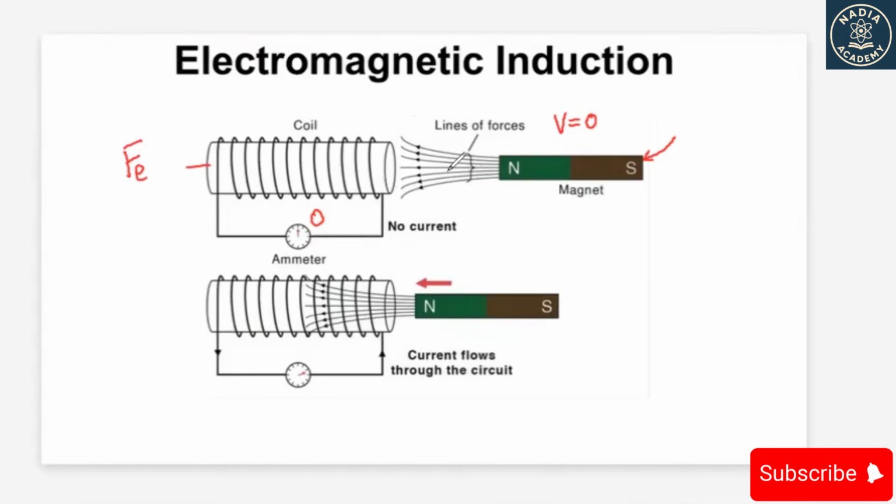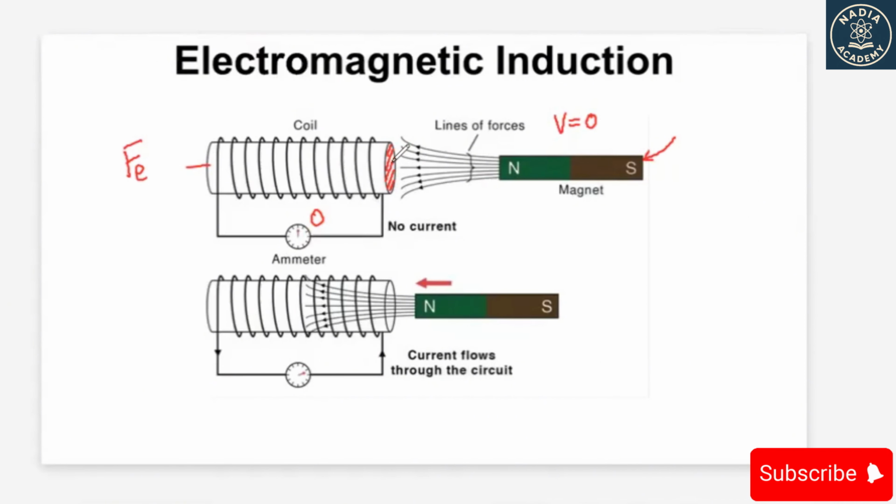But here you can see that these magnetic force lines have some linkage over this area of our coil, which we call the cross-sectional area.